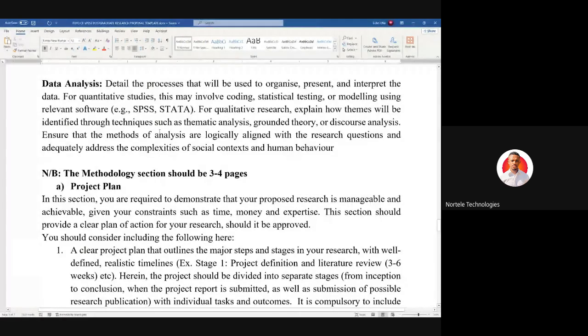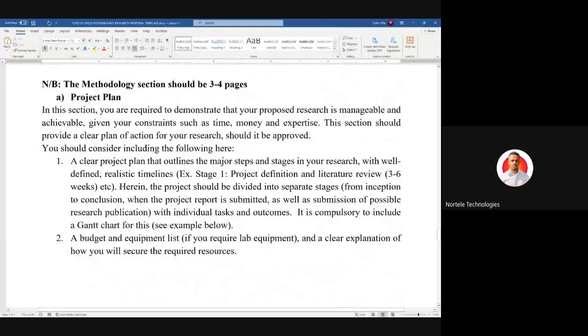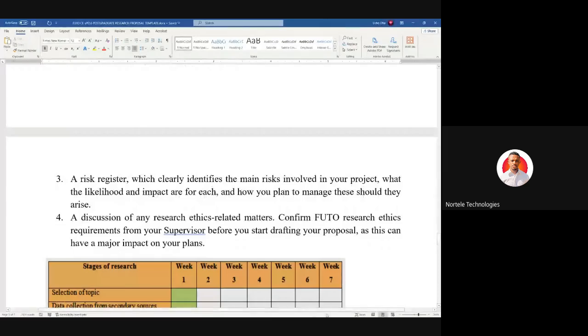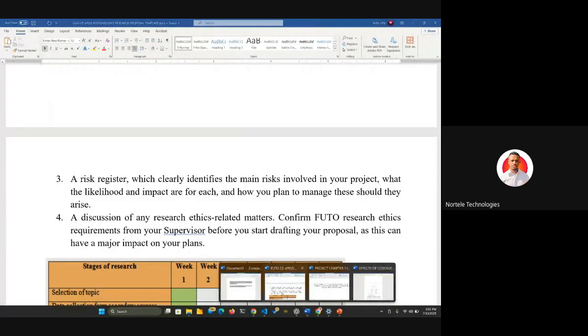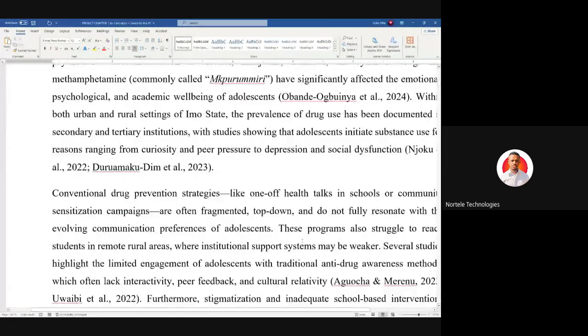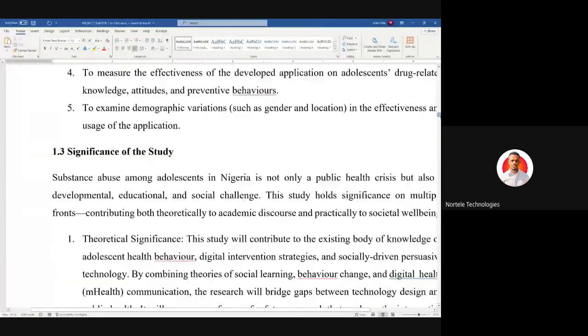We talked a little bit about the difference between significance, justification, as well as research problem. So just focus on those. Then the scope: where, how, and what. Remember that we talked about the research gap now. So the 2 remaining are in the methodology. So quickly go to the methodology. I think in the next class, or if you still have any kind of issue, you can reach out to me.